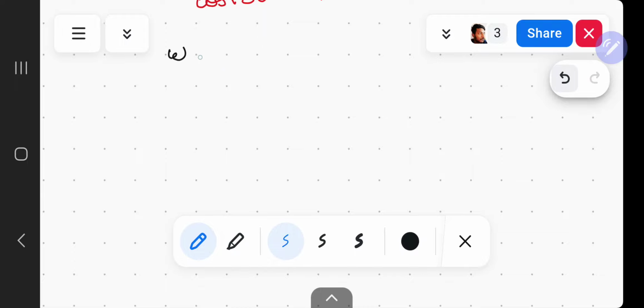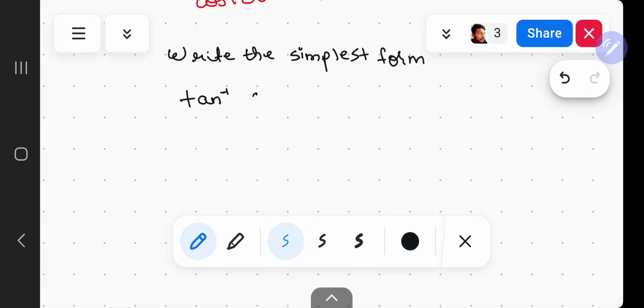Write the simplest form of tan inverse cos x over 1 minus sin x. We have to write the simplest form of this.